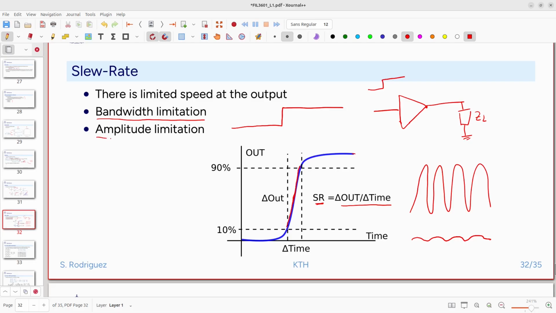So there is both a problem of frequency and amplitude, the slew rate. This will also be handled in the linearity lecture. We will see the problem of slew rate limitation and how to handle it. Okay, so the slew rate we denote as SR, and it is voltage or current divided by time.